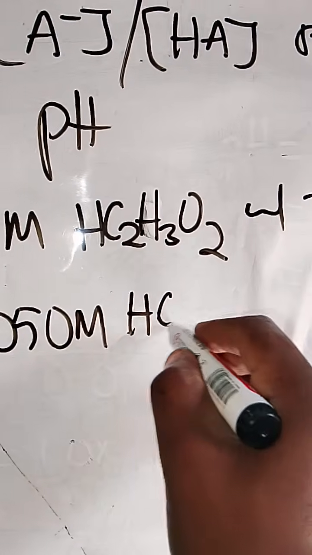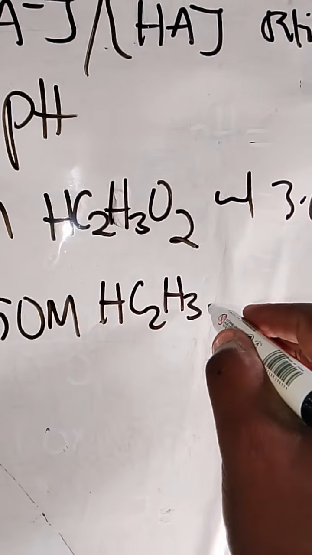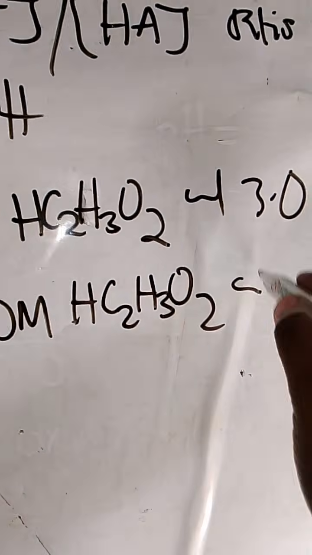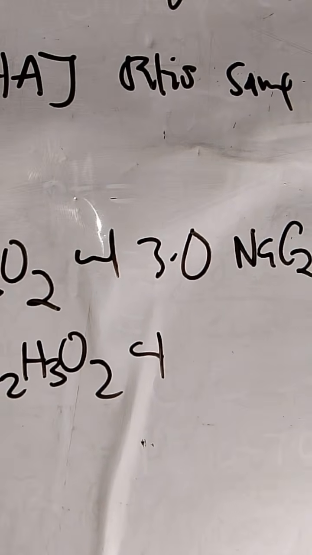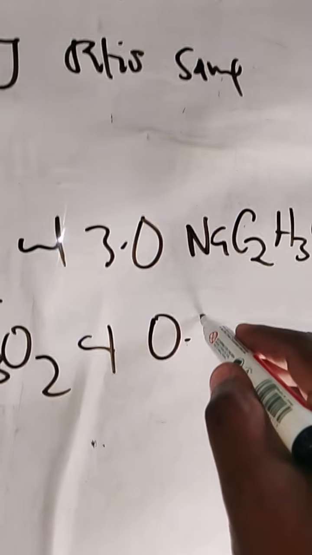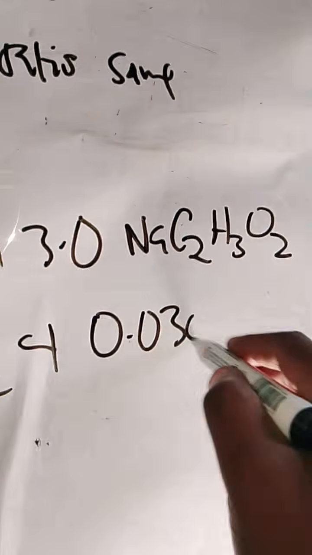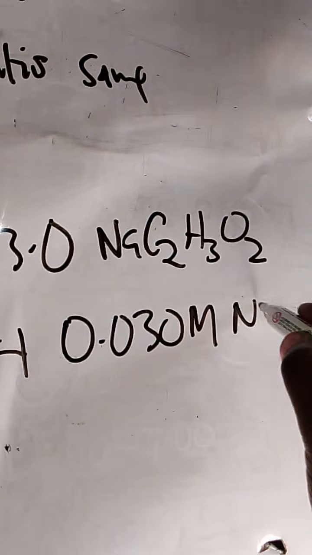Then another buffer B contains 0.050 molar acetic acid, and the salt is 0.030 molar sodium acetate.